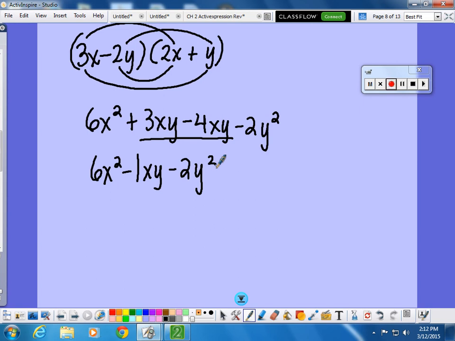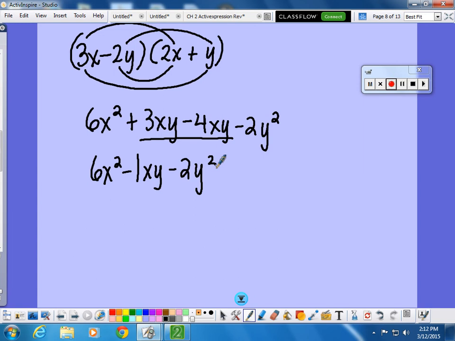You might look at that answer and say, but is that in descending order? Here's the answer to that question. It is, because when you have two variables, which one do you think you would look at to put the answer in descending order? The one that comes first in the alphabet. So if I have a times b, what exponents am I going to look at? The ones with the variable a.